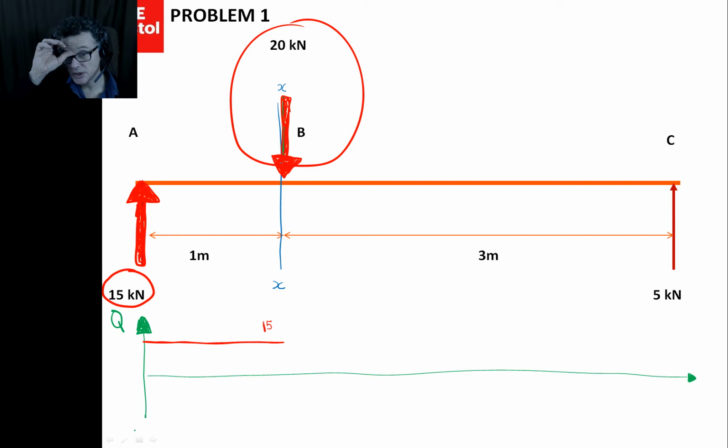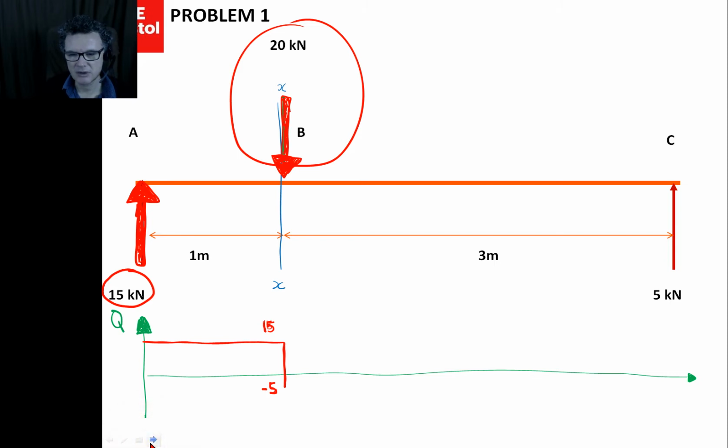If you go a little bit past point B, you can then see the 20 and it's coming downwards. So initially we're at 15, and now we're going to have the 20 coming down. So 15 take away 20, what's that going to give me?